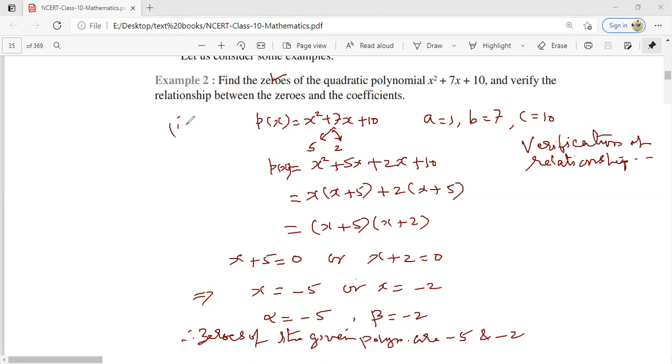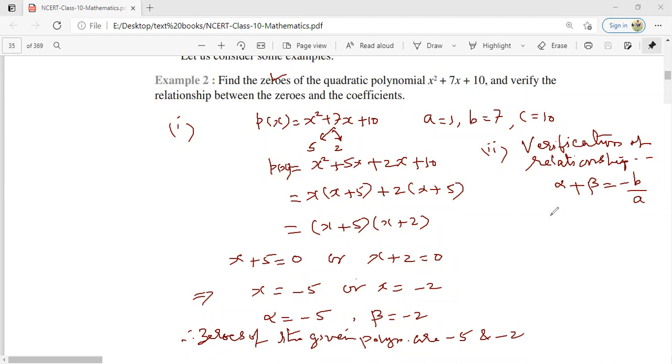So this part was the first part, now the second part we have to verify. As you know, we have to verify that alpha plus beta is equal to minus b upon a, the first relation. There are two relations. First we will verify the first relation and then the second. Just substitute values on both sides, and if they are equal, it is verified.